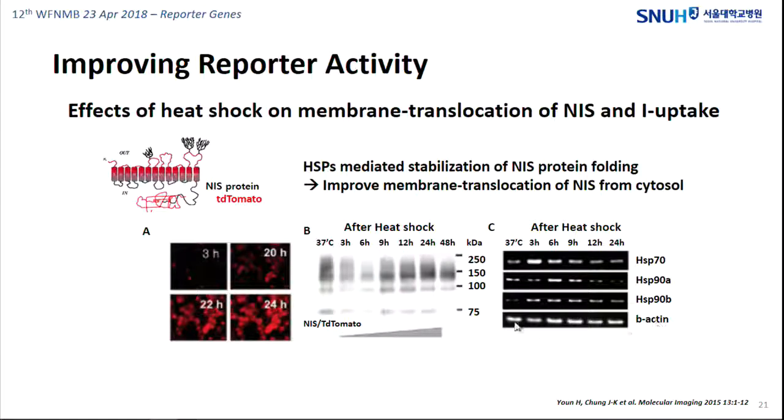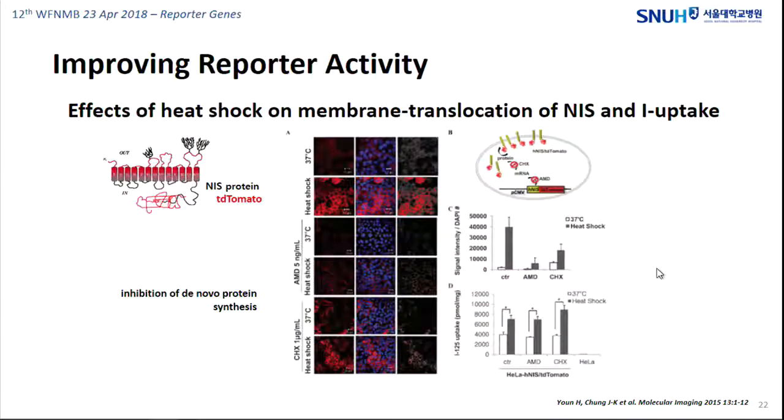And we tested heat shock protein expression and immunoprecipitation. We found that heat shock protein 70 and 90 and also 40 are related to NIS folding. Also, heat shock can improve protein translation.